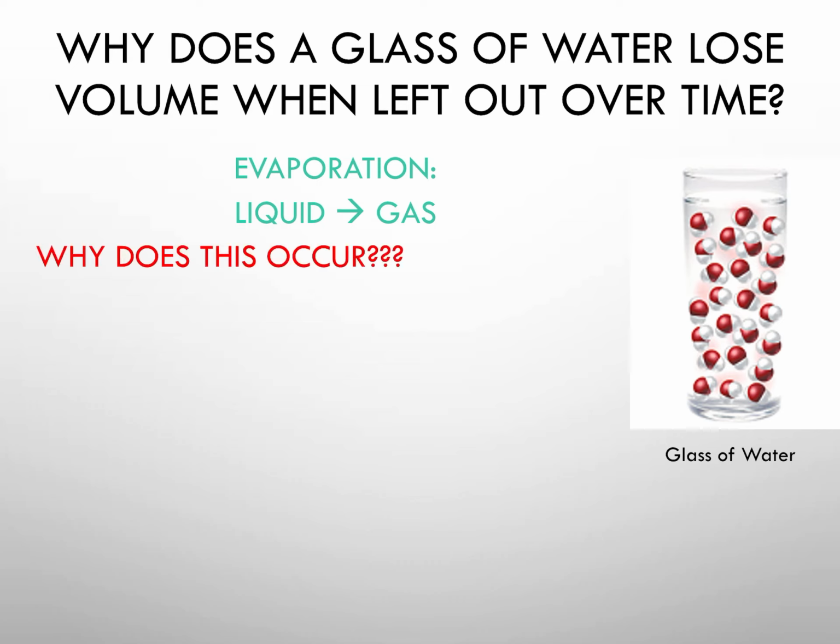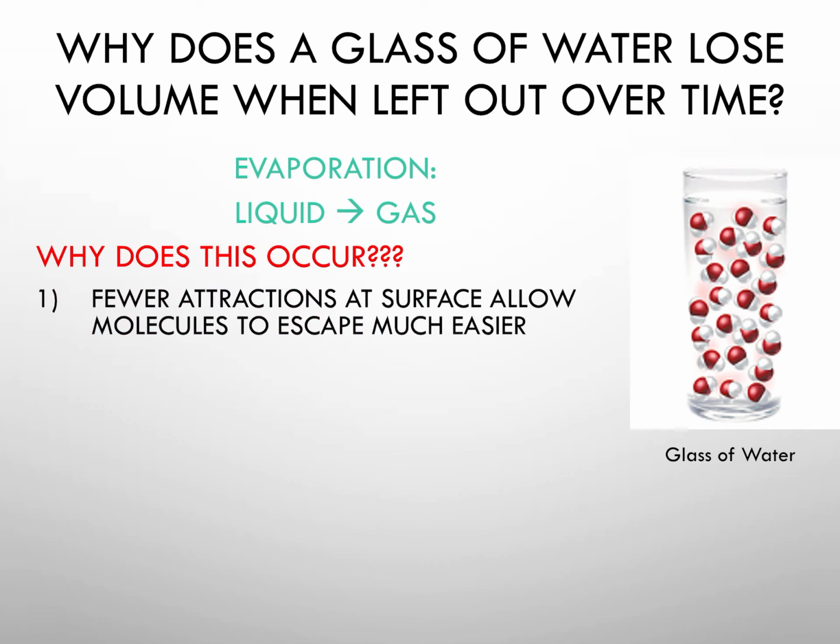Okay, so we know evaporation is the change from a liquid to a gas, but why is it happening at room temperature? We know water boils at 100, right? And so it's going to go from a liquid to a gas at 100 degrees Celsius. Well, it also happens spontaneously at room temperature. What happens is that there are not as many attractions at the surface.